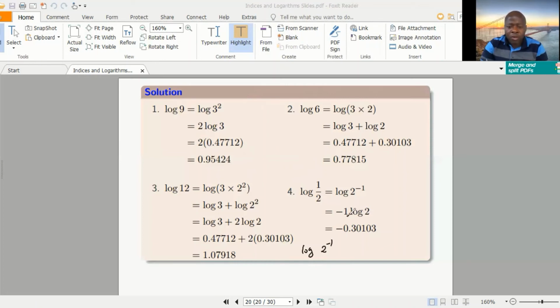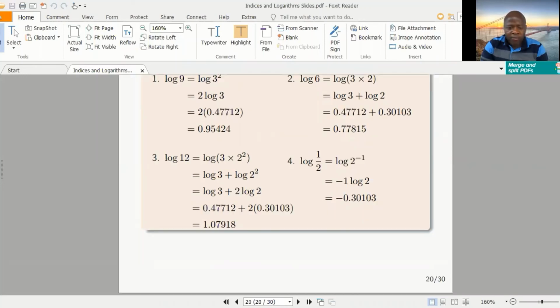But log of 2 is known. Log of 2 is 0.30103. So when I multiply that by negative 1, then I arrive at this. Okay, let's go to the other questions. Maybe those ones may require much thinking, but the first two ones do not require a lot of thinking.